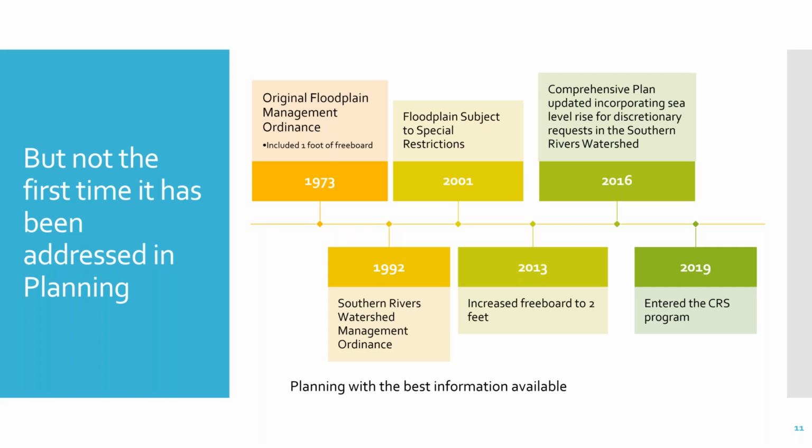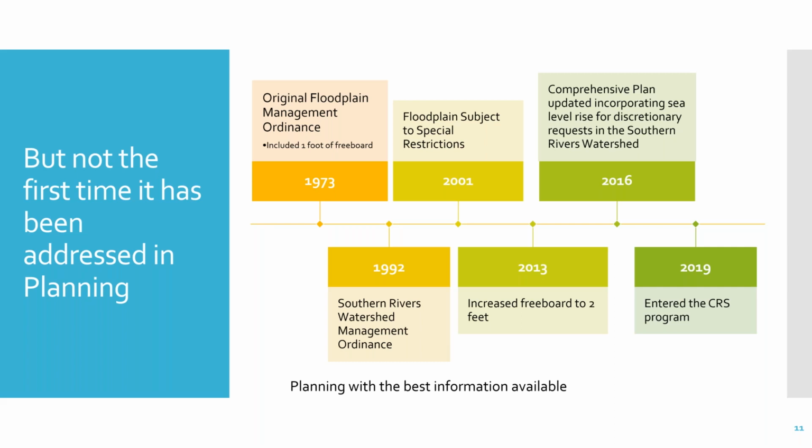In 2001, we then added, essentially, an additional floodplain in the southern part of the city, adding additional restrictions that limit the type of development you can do, how much fill you can place, and addressing, again, some of the additional challenges we have. In 2013, we increased our freeboard to 2 feet.